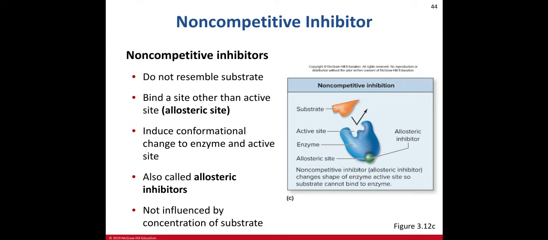These are also called allosteric inhibitors in some literature and videos that you watch. It means the same thing as non-competitive inhibitors. And because it changes the shape of the active site, no matter how much substrate you add, it's not going to change the non-competitive inhibition.